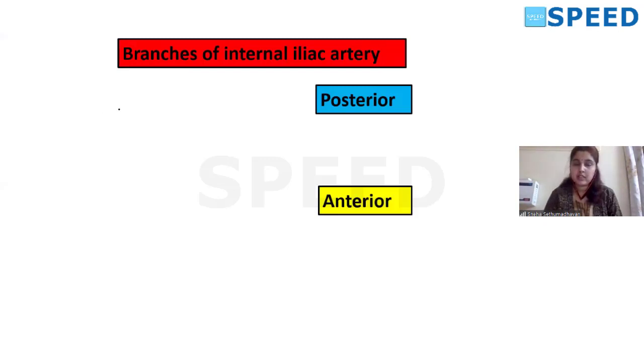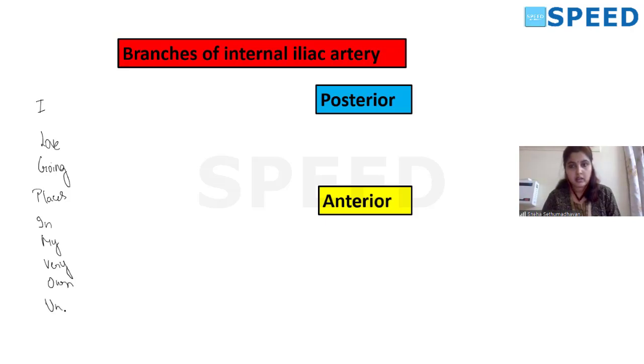So let's quickly revise the branches of the internal iliac. As I said, mainly it divides into posterior and anterior. We have a very catchy mnemonic for this. I love going places in my very own underwear. So that's the mnemonic. Then the first three will become the posterior and rest of it will be the anterior.